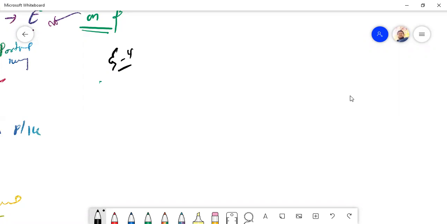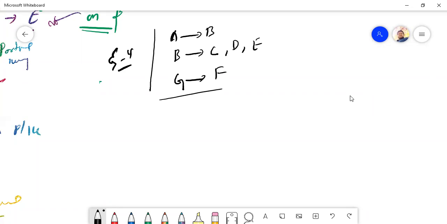Example 4. This time I'm writing like this: B, C, D, E, and F is depending on G. Now this is the example.